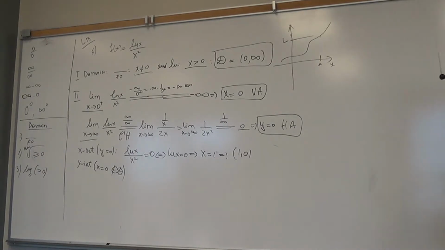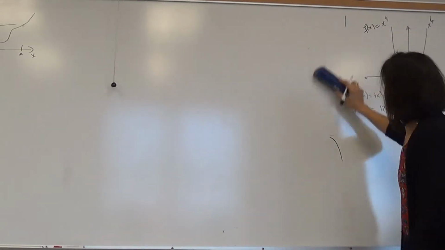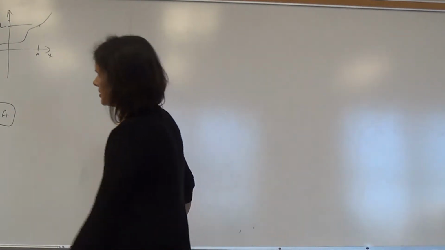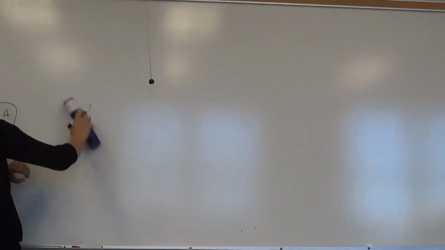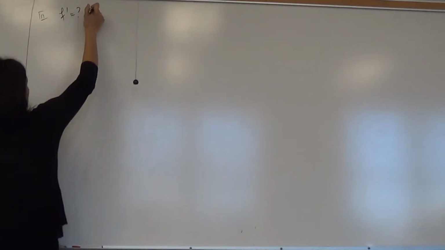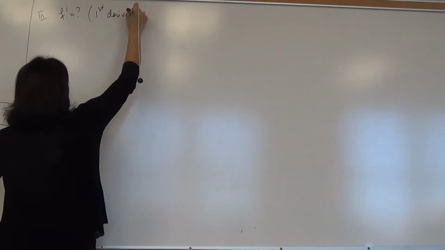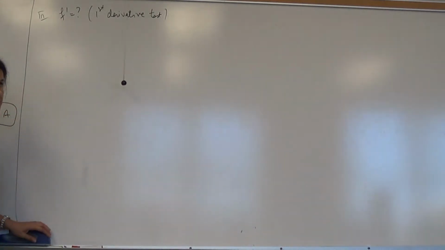Now I want to see how the graph is approaching and intersecting the x-axis. Is it increasing? Is it decreasing? That will be given by the first derivative. So this is step 3, the first derivative test. This will give me increasing, decreasing, and possible extreme values.